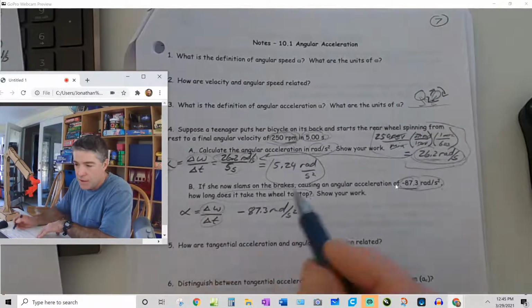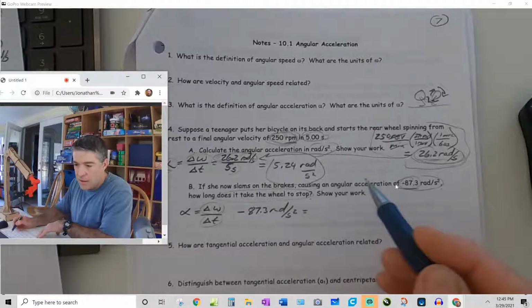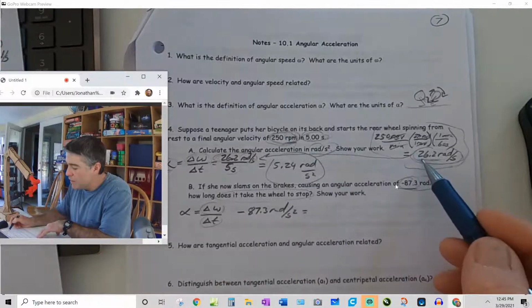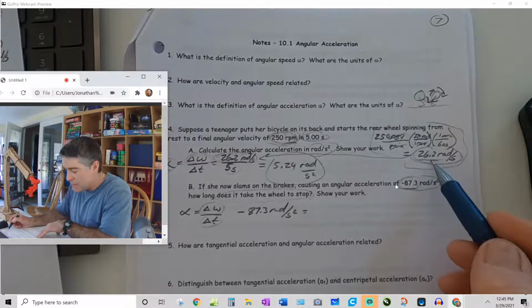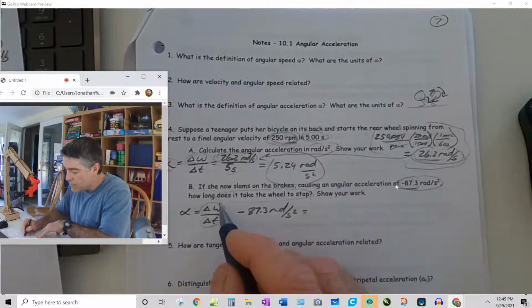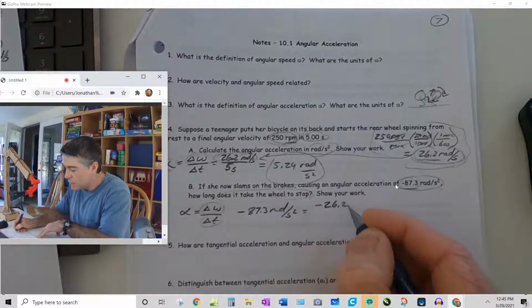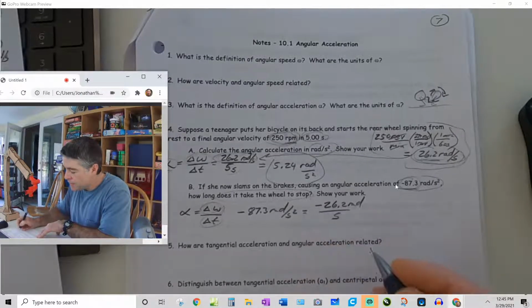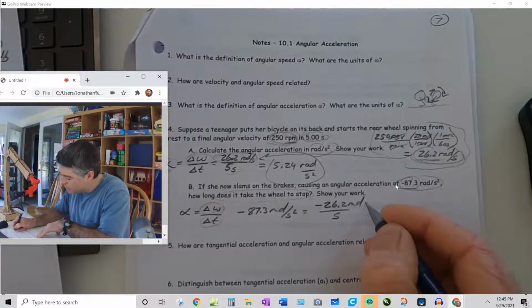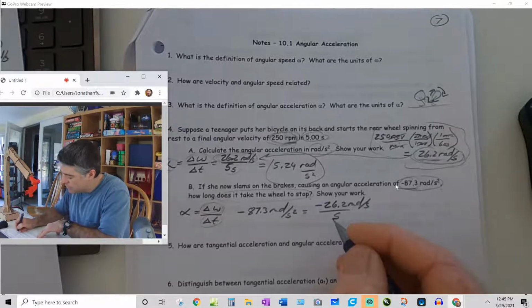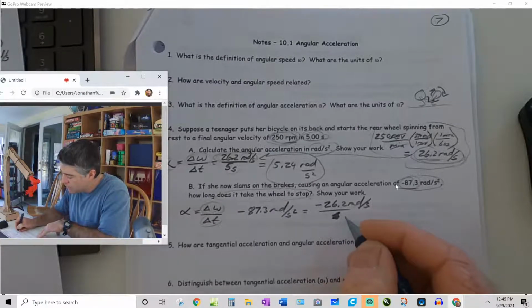I calculated that 250 RPM was 26.2 radians per second. So its change in speed when it stops is going to be negative 26.2 radians per second. On the bottom, this is going to be delta t.